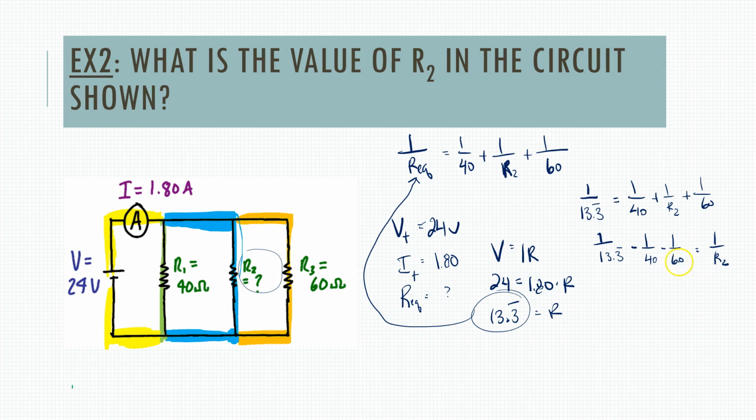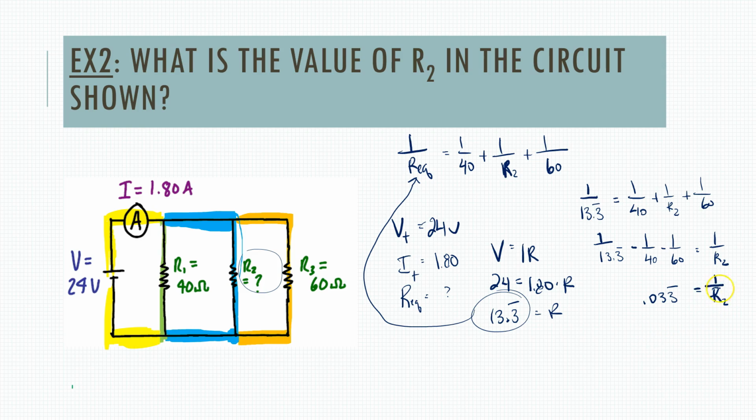Now, what I would do, if it was me, is I would just put this into my calculator and solve for R. But first we're going to get 1 over R. First thing I would do is solve for 1 over R. 1 over R is going to be 0.033 repeating, because we put this into our calculator and let our calculator deal with the funny numbers.